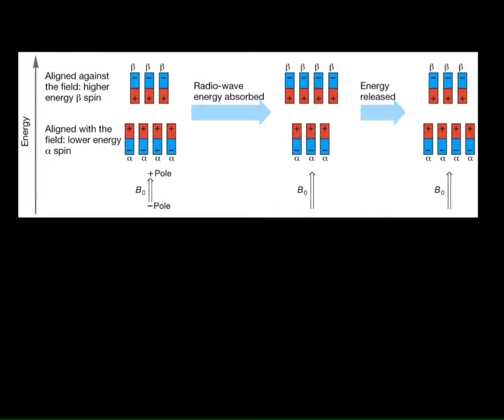So here we now have our sample in a magnetic field. And we can pulse our sample with the radio wave that corresponds to that energy gap between alpha and beta. So now what happens? Well, now we've supplied enough energy for some of the nuclei in the alpha state to go into the beta state. So now we've overpopulated the beta state.